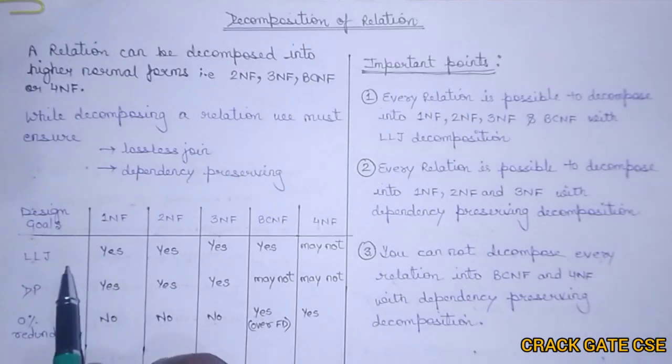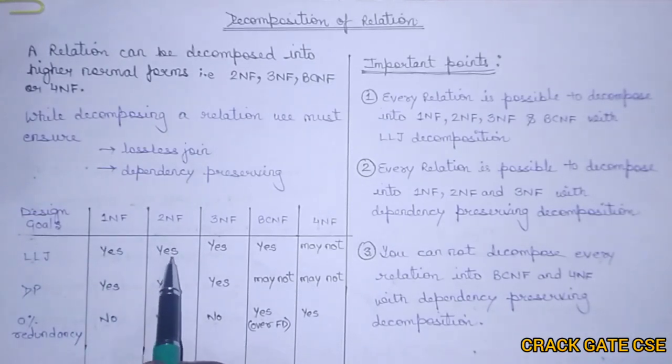In 2NF also, if you are further decomposing this 1NF into 2NF, we can achieve lossless join decomposition and dependency preserving decomposition, but 0% redundancy cannot be guaranteed in 2NF. The redundancy will be lesser than 1NF, but 0% is not possible here.